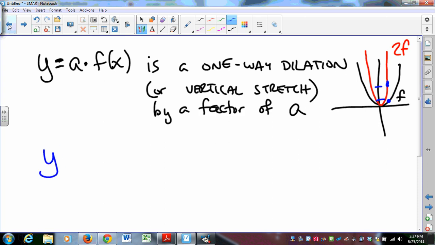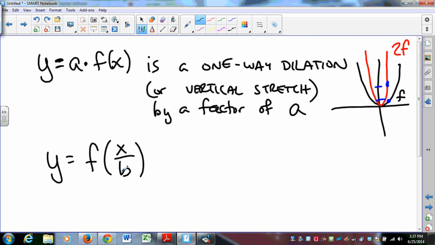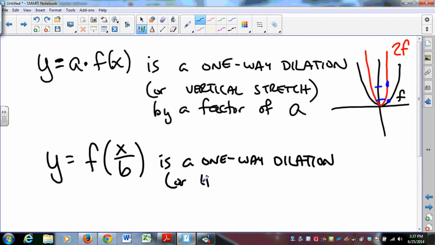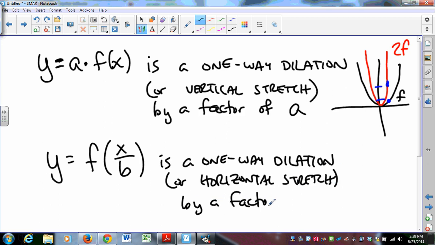Which means, if we were to play this game, this is a one-way dilation. In this case, it's a horizontal stretch by a factor of b.